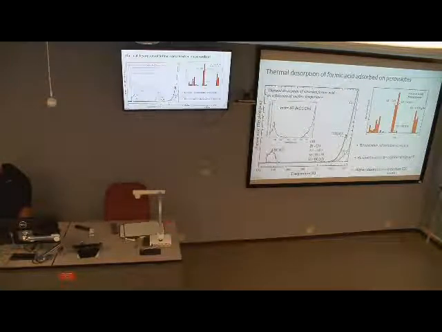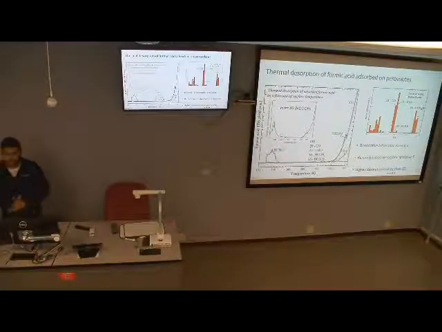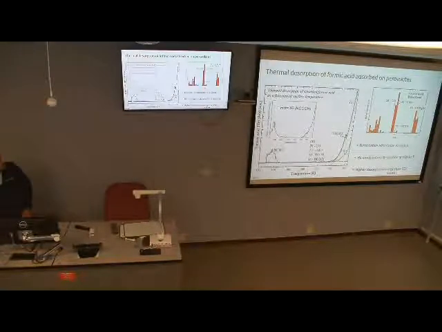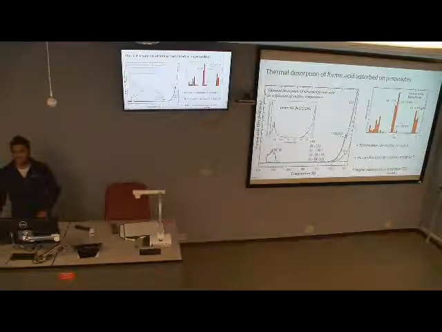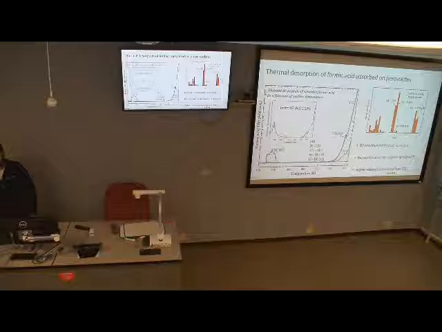Is there any temperature regime where formic acid does not decompose but just desorbs? This is the parent mass of formic acid. This intensity was very low compared to this intensity. How much less? Is it like 100 times or a million times?